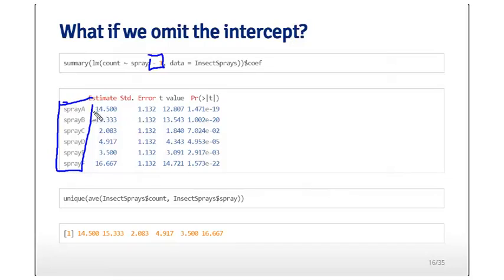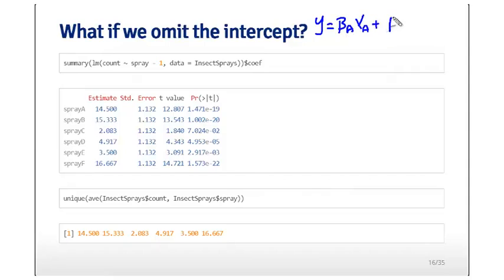And what you'll notice then, in this case, now the model is, I'm just going to do pseudo notation, y is equal to beta A xa plus beta B xb plus beta C xc, and so on, right?